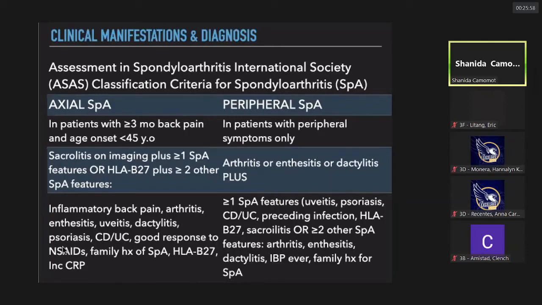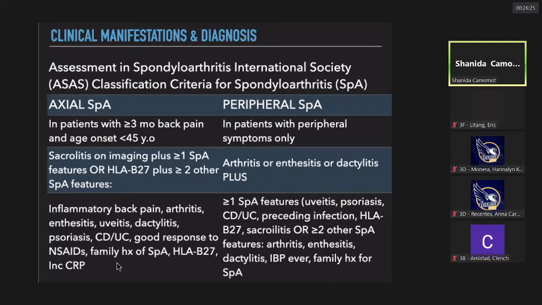There is sacroiliitis on imaging plus one or more SpA features, or HLA-B27 plus two or more other SpA features, including inflammatory back pain, arthritis, enthesitis, uveitis, dactylitis, psoriasis, Crohn's disease, ulcerative colitis, good response to NSAIDs, family history of SpA, HLA-B27, and increased CRP.